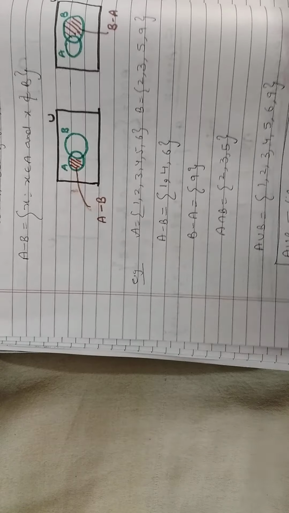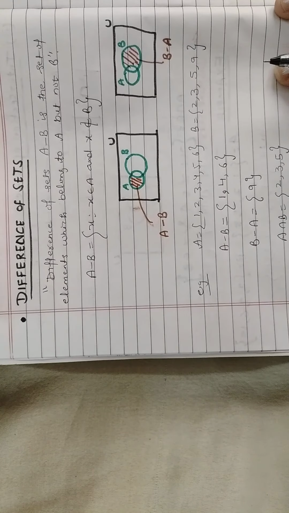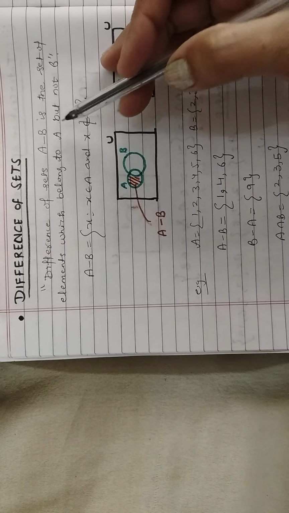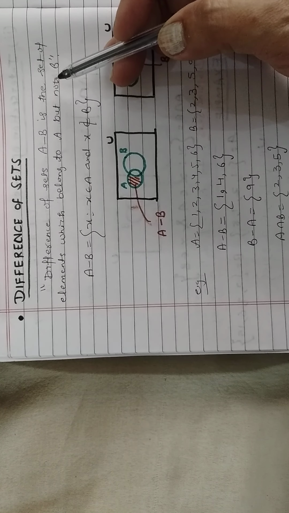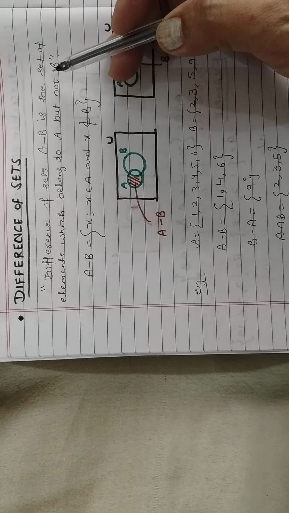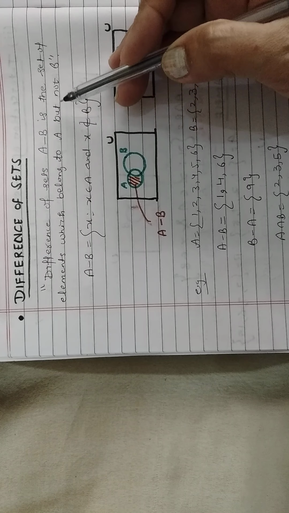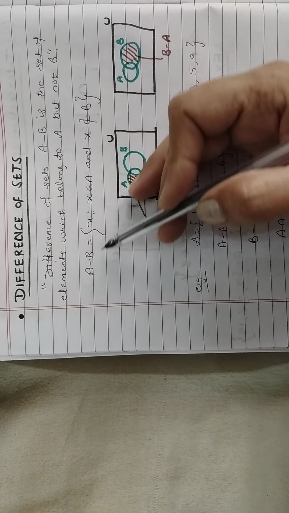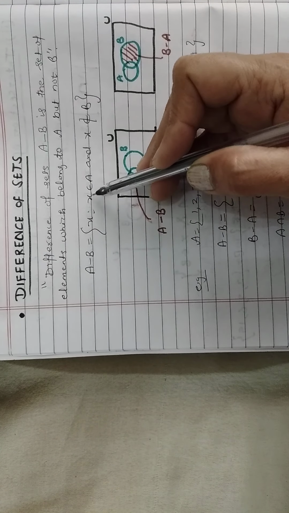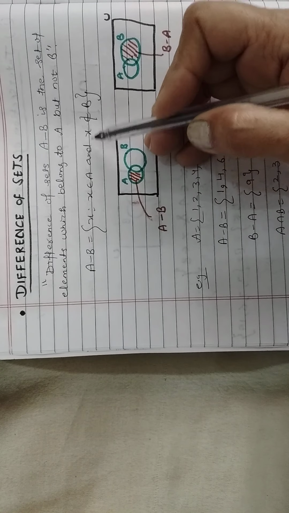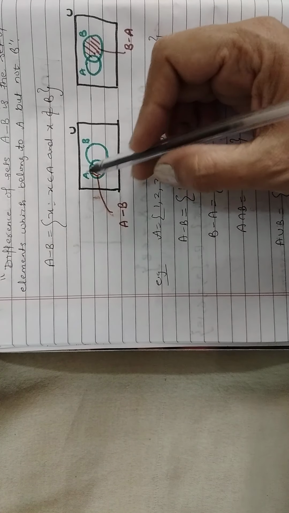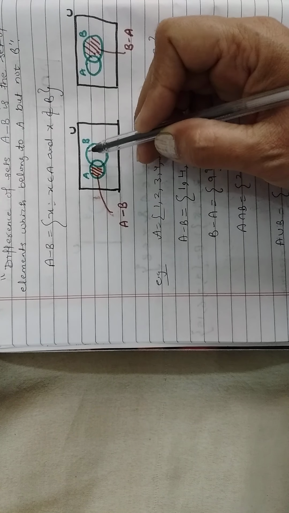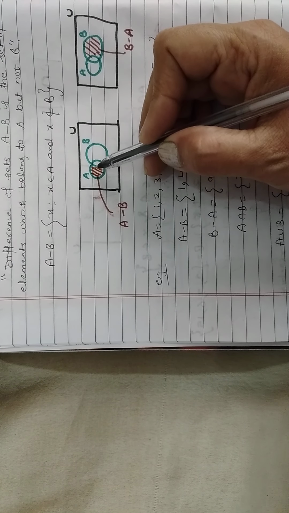Now next is the difference of sets. What do you mean by the difference of sets? The difference of sets A minus B is the set of elements which belong to A but not to B. It is clear from the name. In A minus B you take those elements which belong to A but not to B. Suppose by Venn diagram this is A, this is B, then what is A minus B?